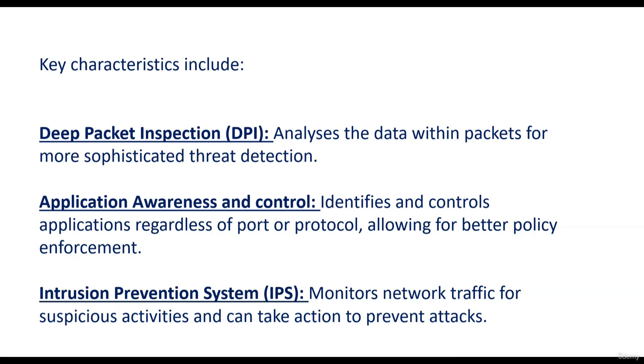Though we have multiple features in the next generation firewall, there are three primary features: one is application control, then user identification, then content identification. All next generation firewalls focus on these three primary things. We'll be discussing each and every feature in detail with hands-on understanding in the upcoming videos. This is just an overview.